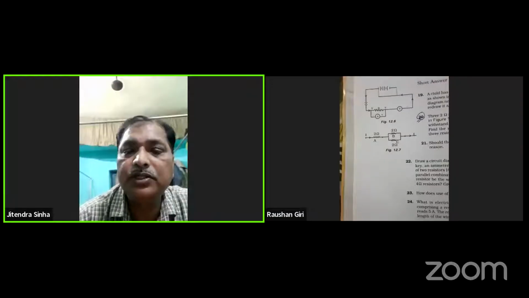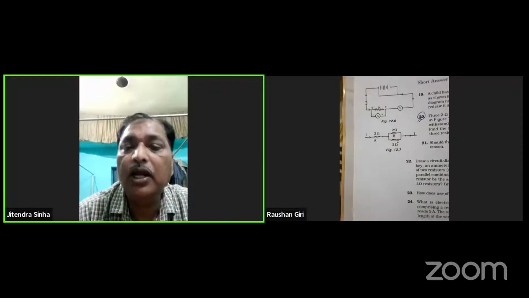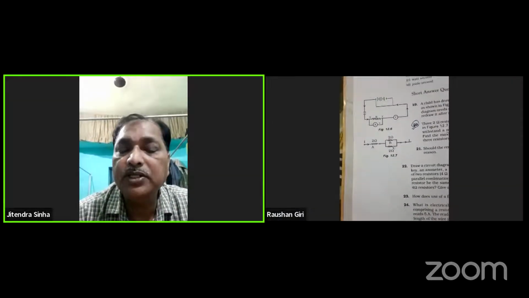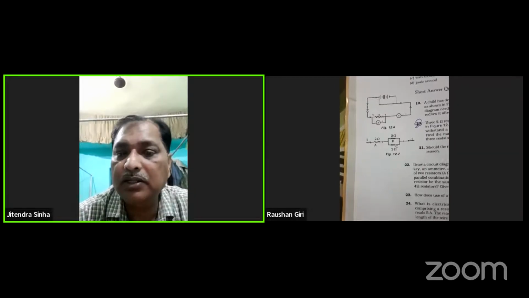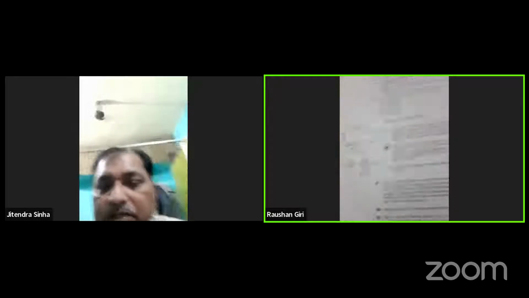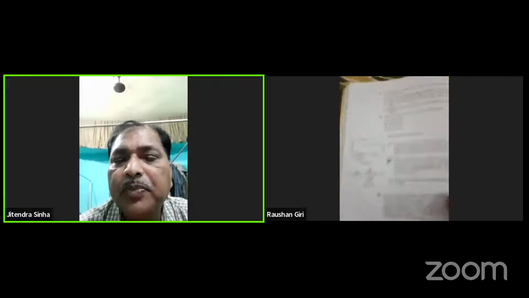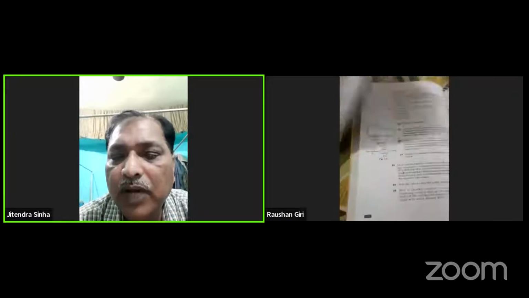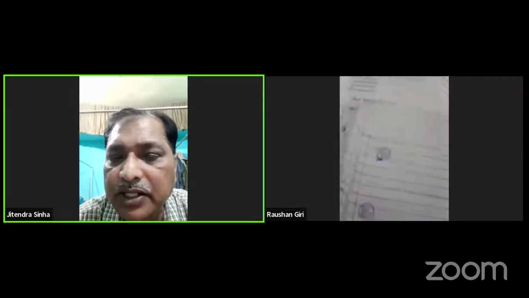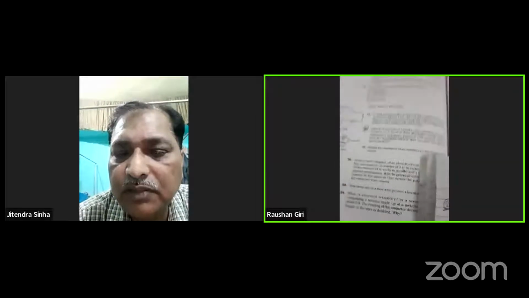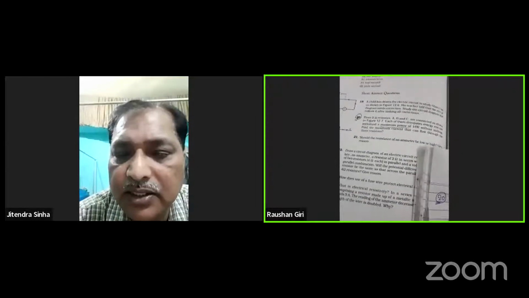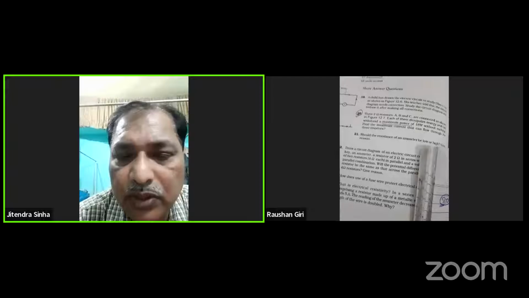Now you can see that B and C are connected in parallel, and A is connected in series with them. So first of all, you have to find the resultant resistance, that is the total resistance.